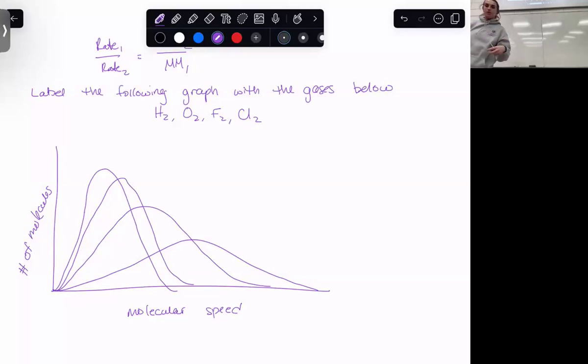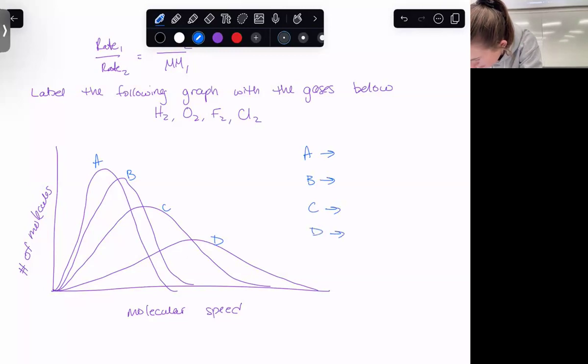Alrighty, so we have this first question here. We have labeled the following graph with the gases below. Do you want to label each of them H2, O2, F2, and Cl2? And we'll label them A, B, C, D. So what is this question utilizing?